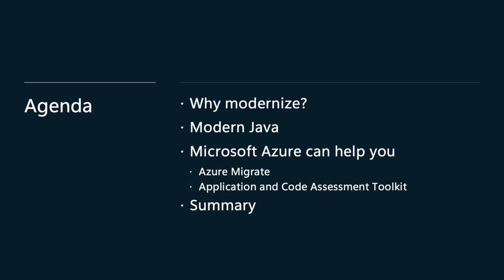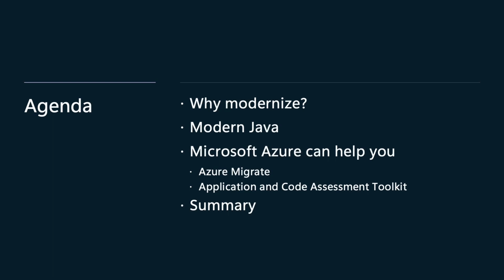All right, so Michael and everyone watching, we are here to talk about how to modernize our Java applications and how to bring them to the cloud. First, you have to answer a few questions, like why modernize it at all? And then after that, we're going to take a quick look at what modern Java looks like and why customers should be interested in that?